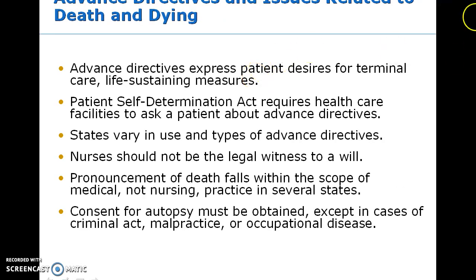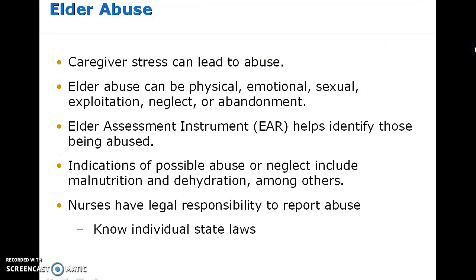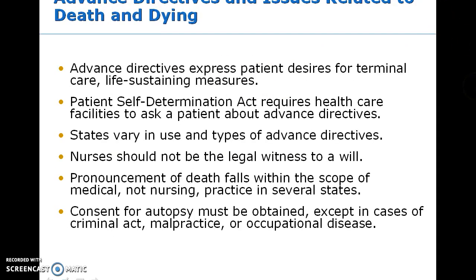As we talk about advanced directives and issues related to death and dying, this slide is advanced directives and issues related to death and dying. I know that the header is cut off and I couldn't bring it down, so I do apologize. But just know that advanced directives express patients' desires for terminal care and life-sustaining measures.